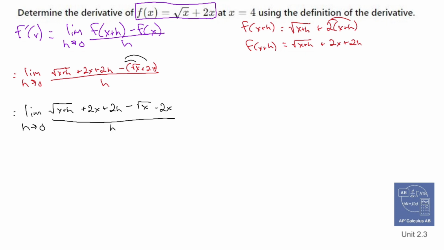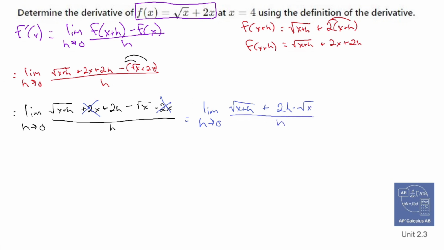So usually when this happens, we expect things to disappear, and that's exactly what's going to happen. The 2x and the 2x disappear. So we have the limit as h approaches 0 of the square root of x plus h plus 2h minus root x, all over h.